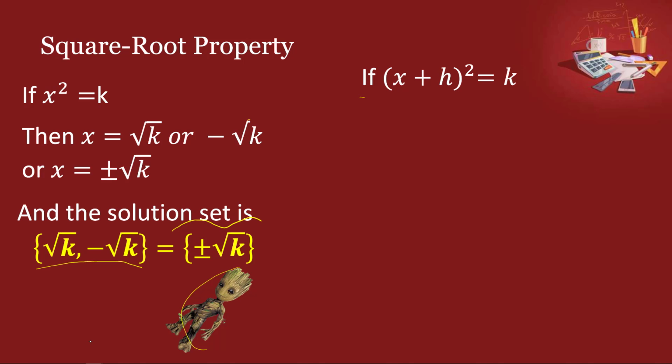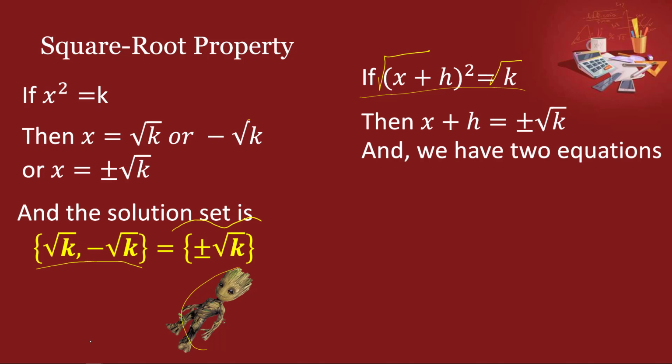But what if you have something like this? Well, if you take the square root of both sides, you will have x plus h is equal to plus or minus the square root of k. And once again, we have two equations. The first one is x plus h is equal to root k, and the other one is x plus h is equal to negative root k.